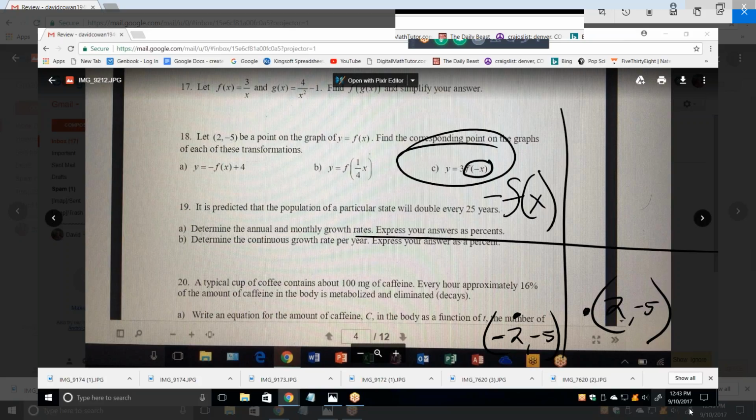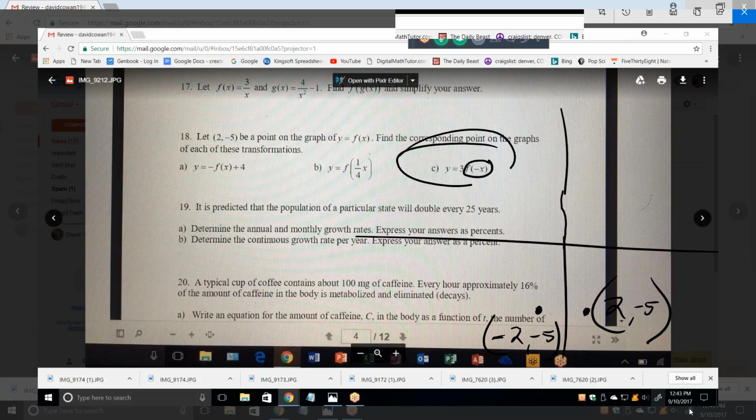But if you see f of minus x, that's a reflection over the y-axis. Well, if I take this point and reflect it over the y-axis, I've drawn it a little funky here. It goes right there, okay? Same label, but the location needs to be a reflection over the y-axis. So that's f of minus x.